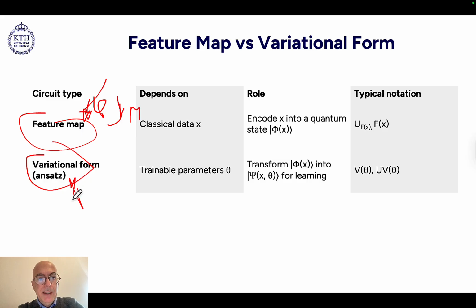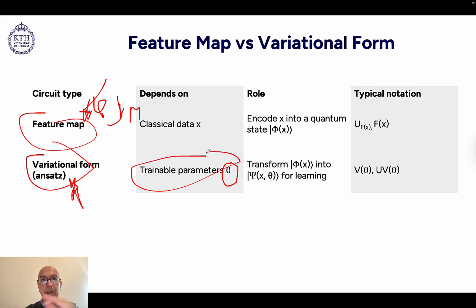The parameters have a very different role in the variational form. These are parameters that we are going to change as part of our training process. So the major difference between feature map and variational form is that in the variational form quantum circuit, the parameters theta that we give to our quantum rotation gates are actually trainable.